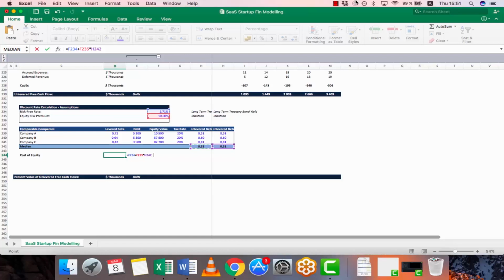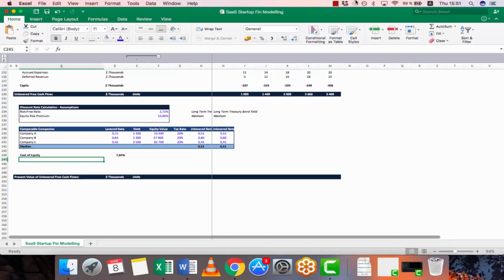So in practice, you can leave it as is, but the most sophisticated analysis will be to lever this beta based on the company capital structure that we are using, but for simplicity we'll take it as is. So its cost of equity equals 7.84.